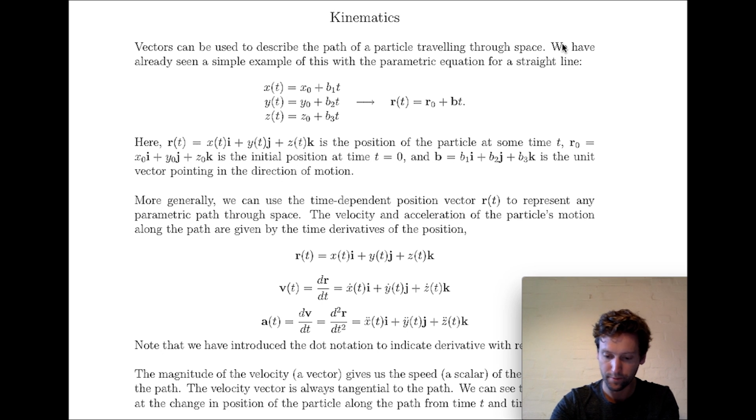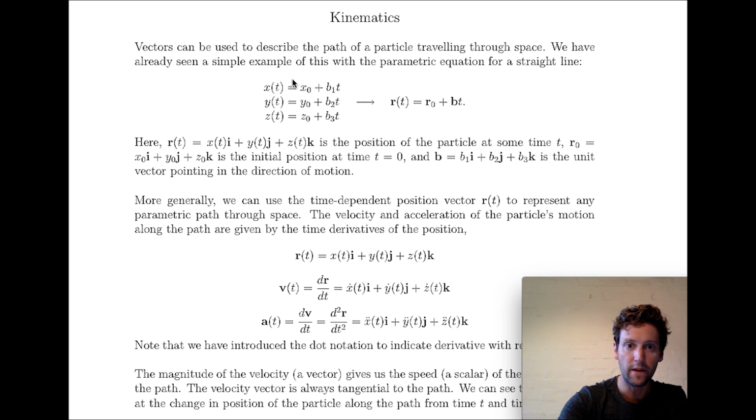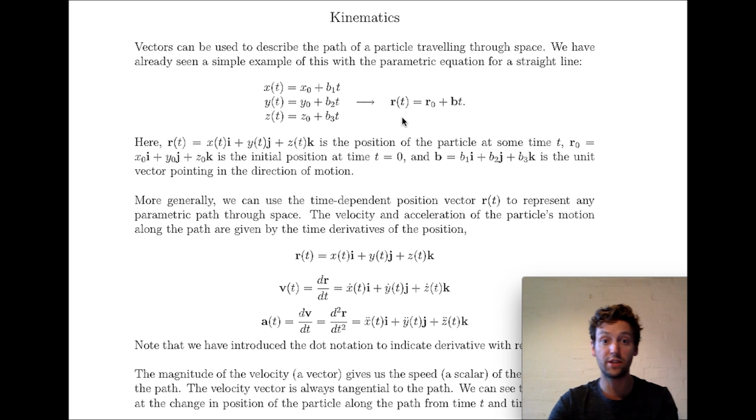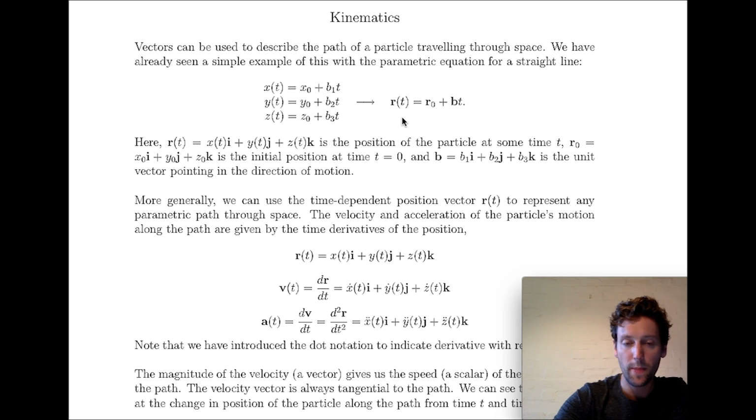We wrote that the x position was equal to the starting value of x plus b1 times t. The y position was the starting value plus b2 times t, and the z position was the starting value plus b3 times t. And we saw that we could write that in a slightly more compact notation: r vector of t was equal to a starting vector plus a direction times t.